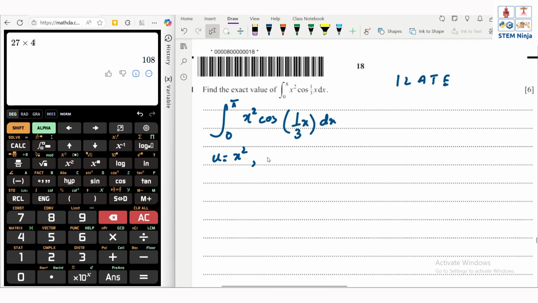So u is x squared, u prime would be just 2x. For v, we have cos of 1/3 x, we don't need v prime, instead we need the integral of v dx. So integral of cosine is sine, so sine 1/3 of x divided by 1 over 3, so that becomes 3 over here.